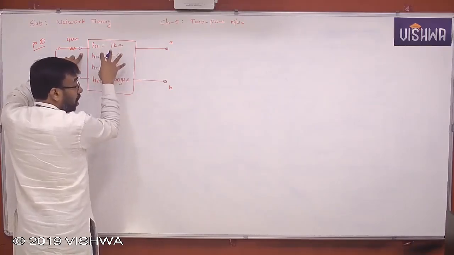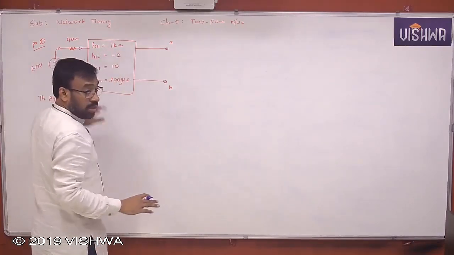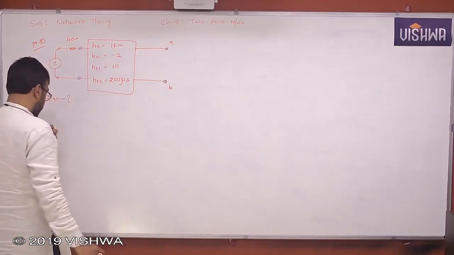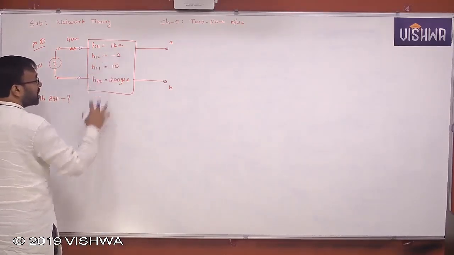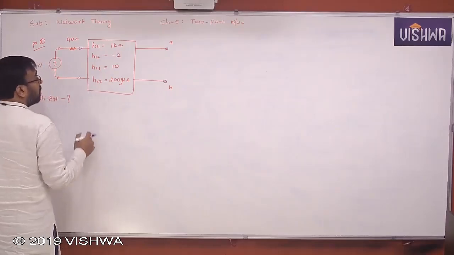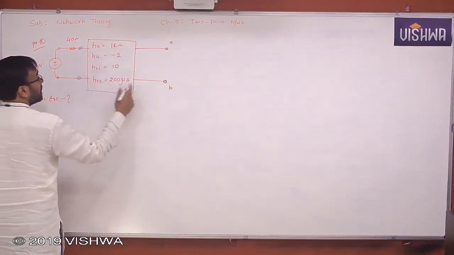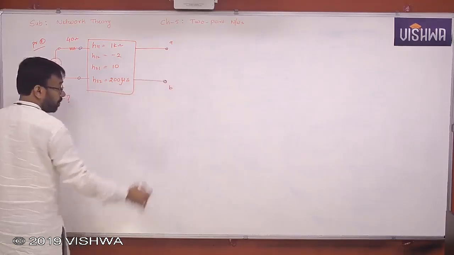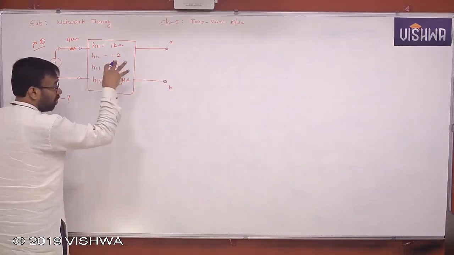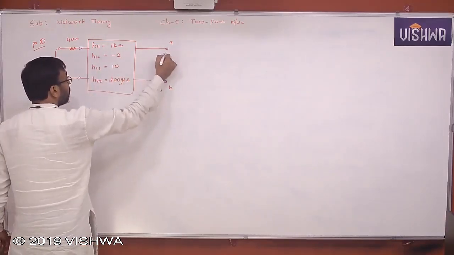The black box is described by H parameters. Now, when H parameters are given, he is expecting the voltage across VAB. But according to the terminology of the two-port network, what does this tell me, all of you?